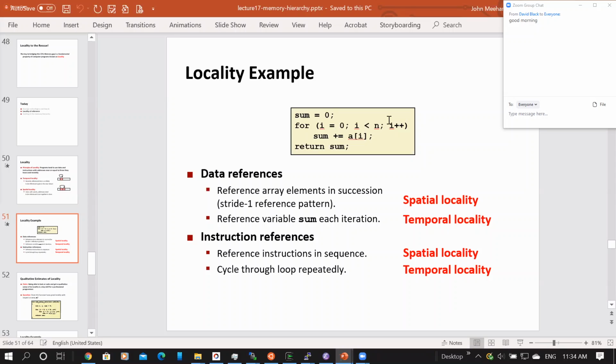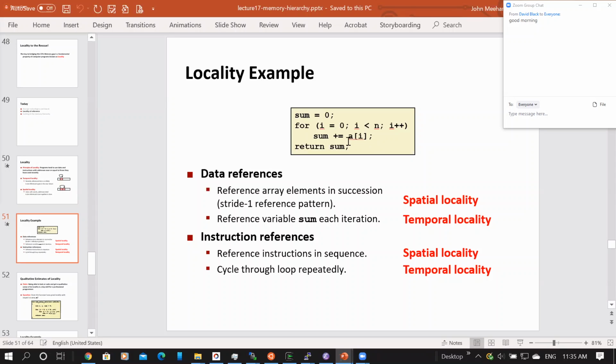But if they were some local variable in your activation record on the stack for this function, they would be hitting the same memory location. So they would exhibit locality. And the loop itself, if you think of the code laying in memory that we've got to do to execute the loop, we're cycling back around and running that same code, this same addition operator, right? It's being picked up out of the opcodes, right? So it's exhibiting temporal locality with this for loop.